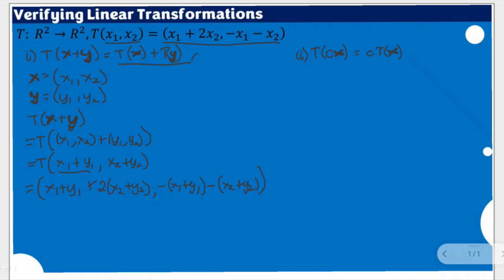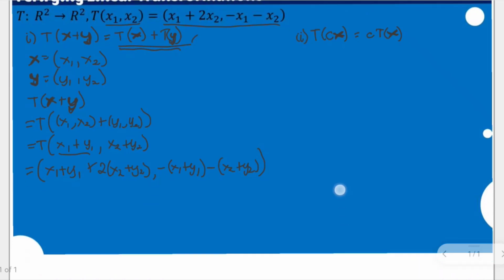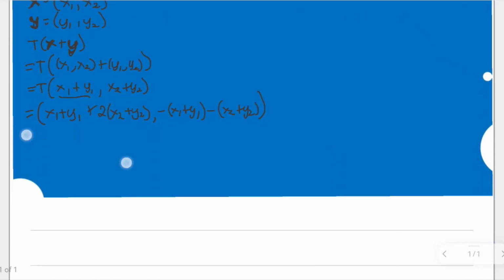From this, let's try to manipulate this expression, and we need to reach the equality again. Let me use the spaces at the bottom. By distributing the 2 here and these negatives, you will have x sub 1 plus y sub 1 plus 2x sub 2 plus 2y sub 2. On the other side, you have negative x sub 1 minus y sub 1 minus x sub 2 minus y sub 2.